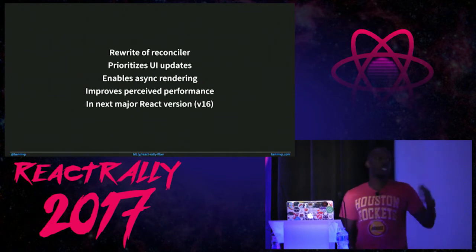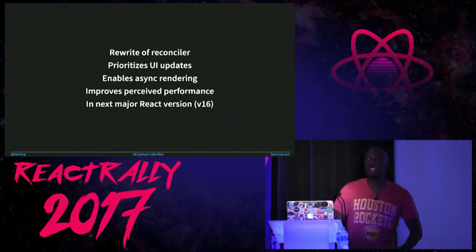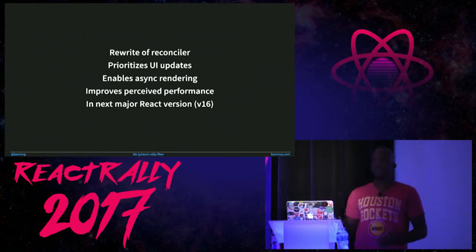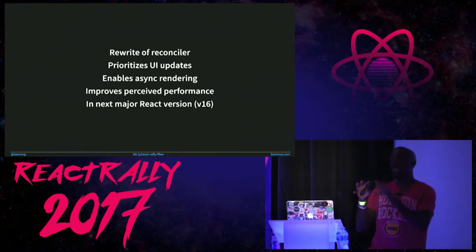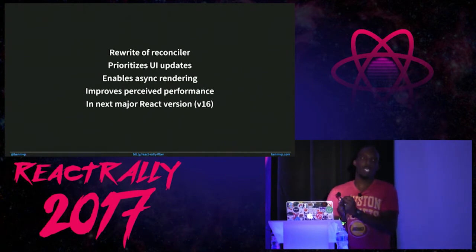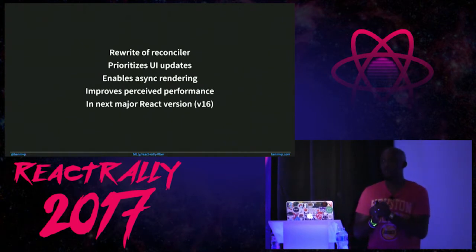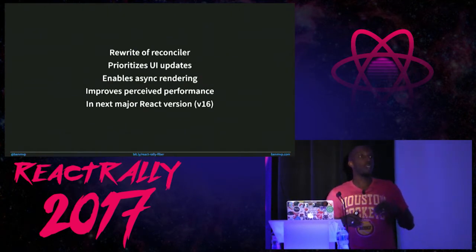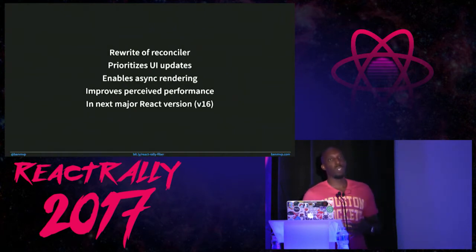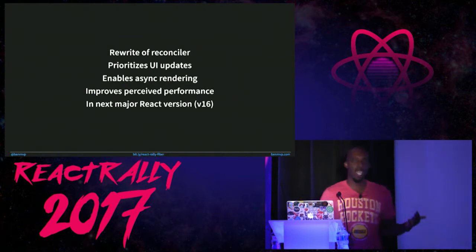It figures out what the state of the UI was before, what it is after some changes happened, and it does all the optimizations so that it tells the renderer the precise changes to make to the DOM, so that it's super performant.